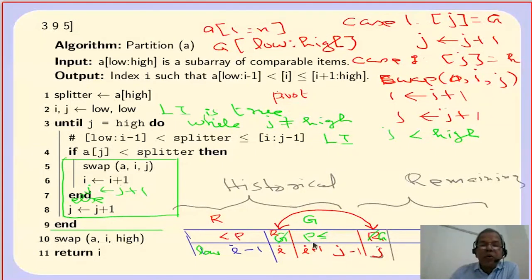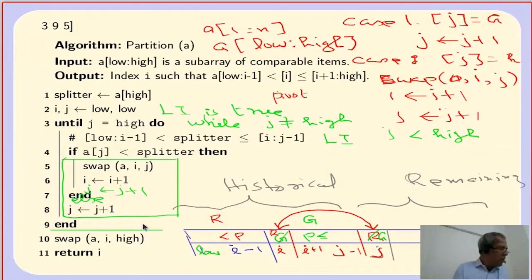I want the pivot to lie right in between the smaller subarray and the larger subarray. Therefore, I am swapping the contents of the elements at index i and index high. After this, the pivot is at position i and return i.